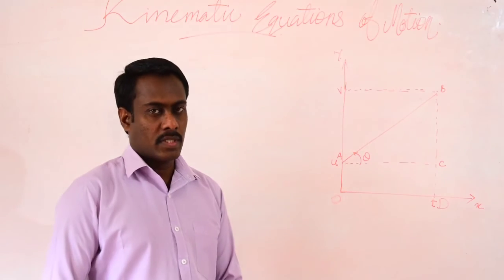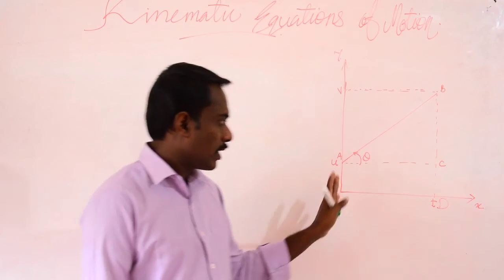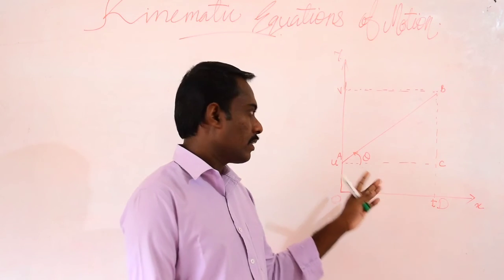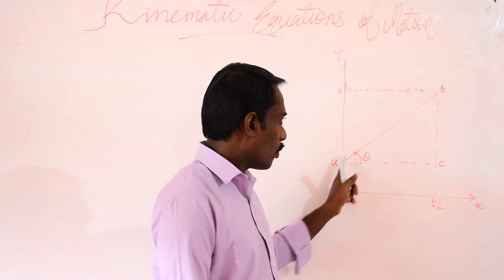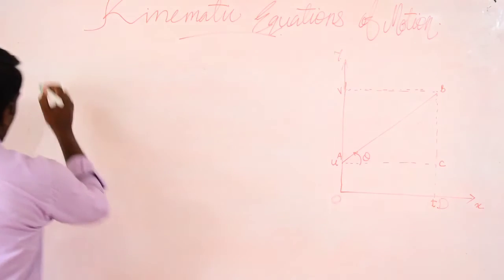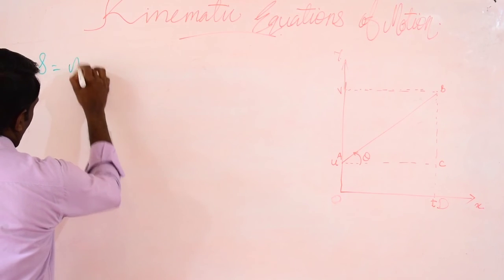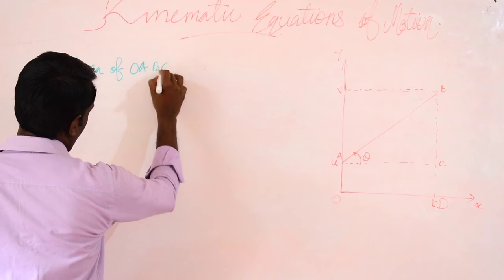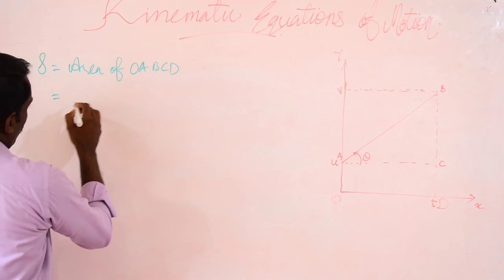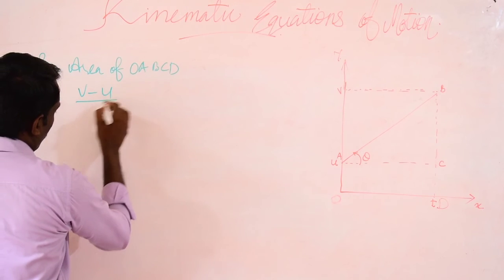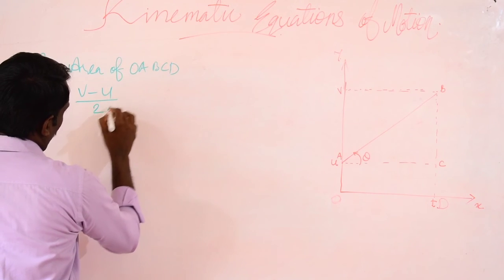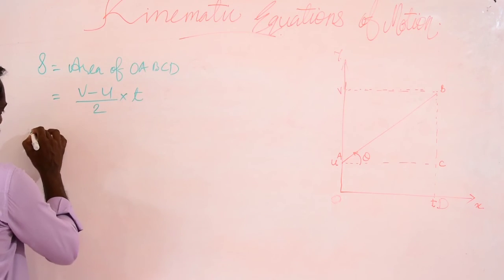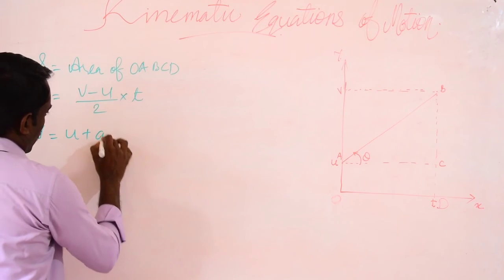And the third equation of motion can be derived from the same graph. We have already calculated that the displacement is the area of the trapezium OABCD. So we can write S is equal to V plus U divided by 2, into T. From the velocity-time relation, we have V is equal to U plus AT.